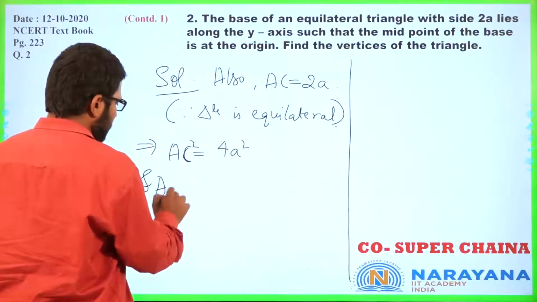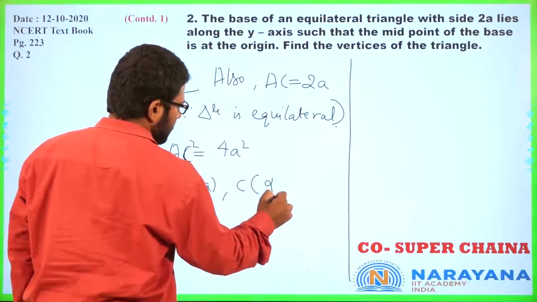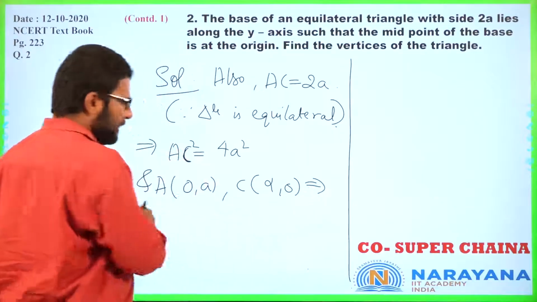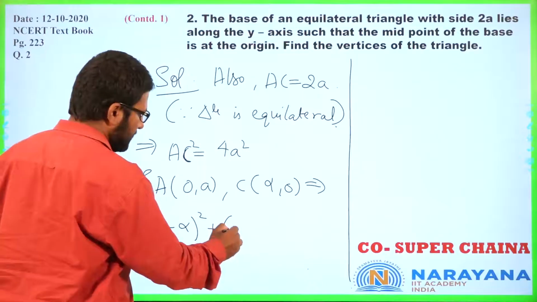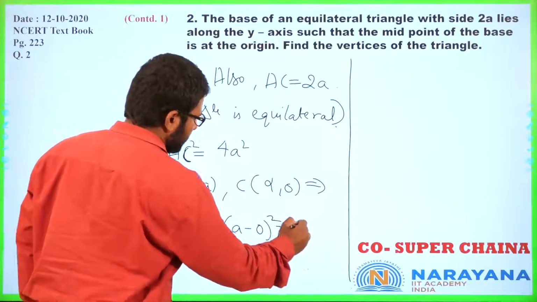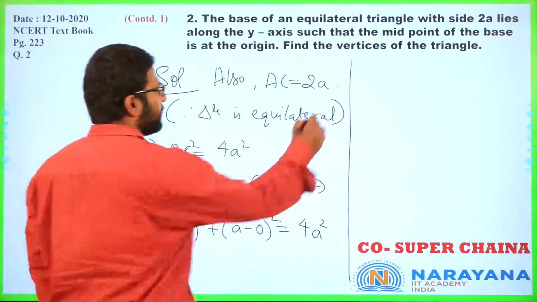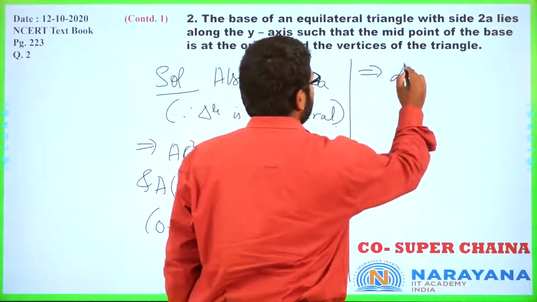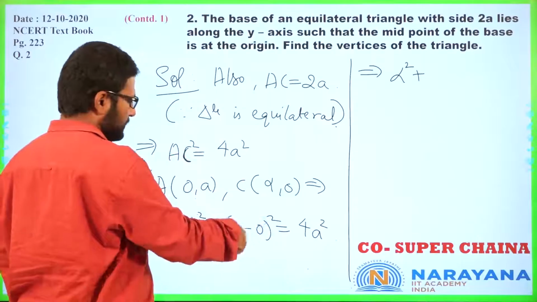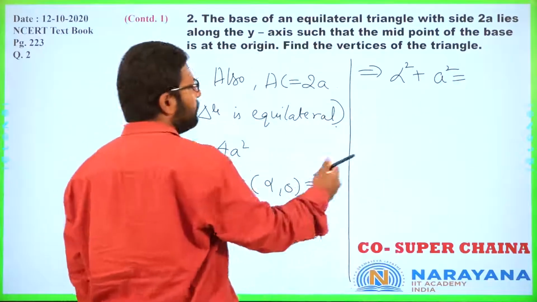And what are the coordinates of point A? 0, A. Point C is alpha, 0. So apply the distance formula: 0 minus alpha the whole square plus A minus 0 the whole square equals 4A square. Which means this whole thing becomes alpha square plus A square equals 4A square.